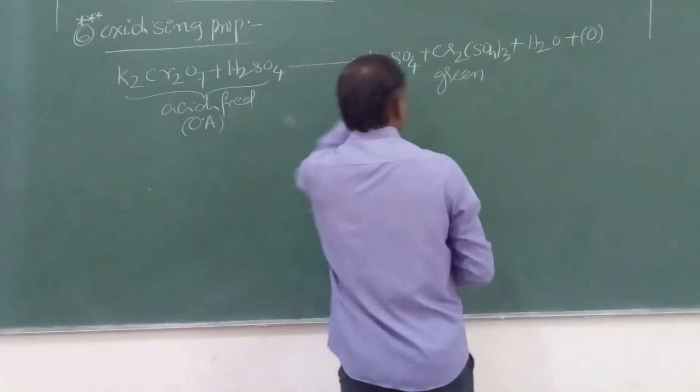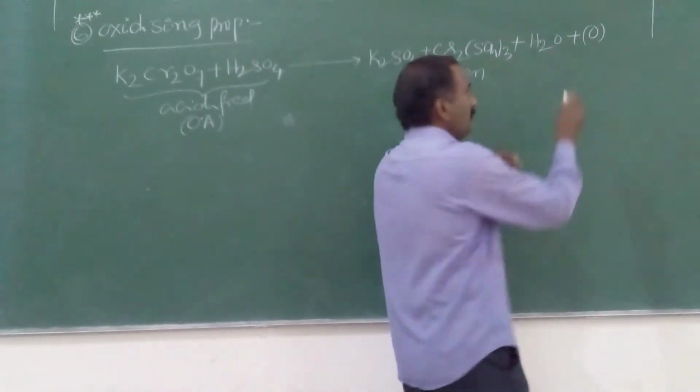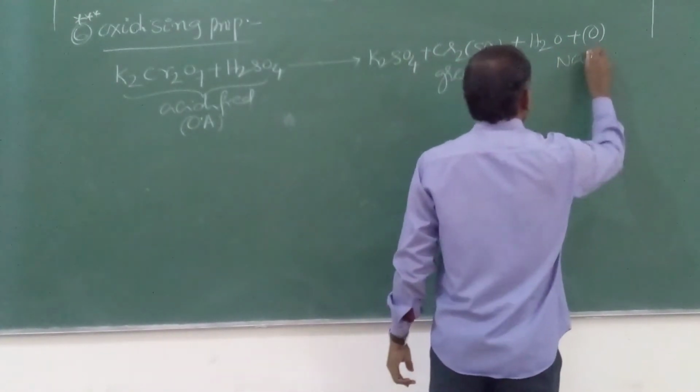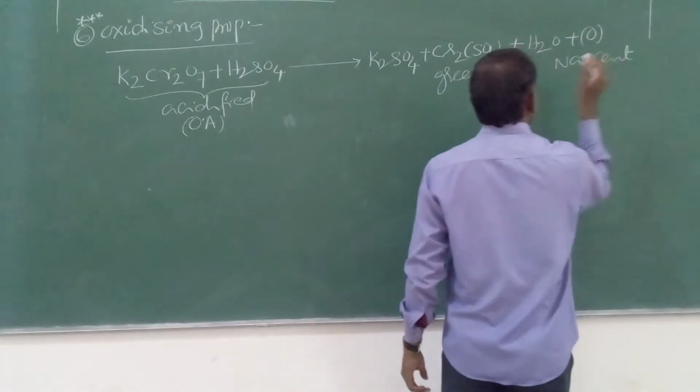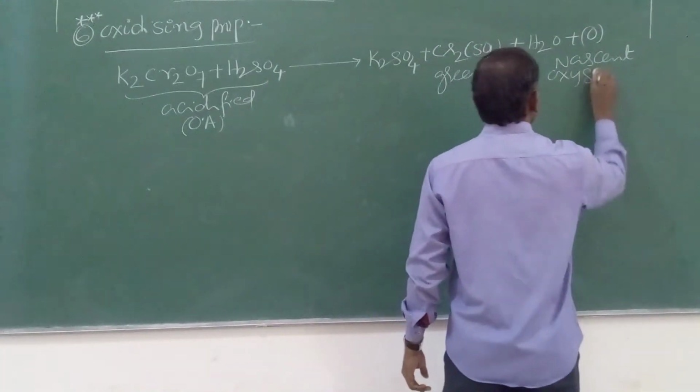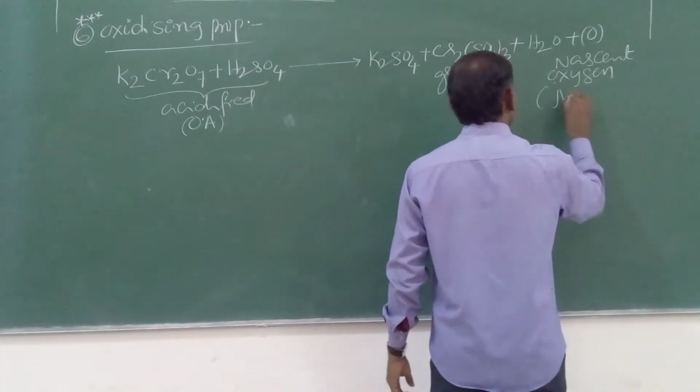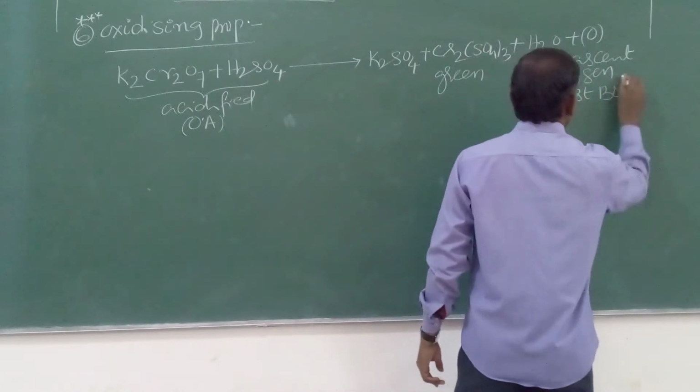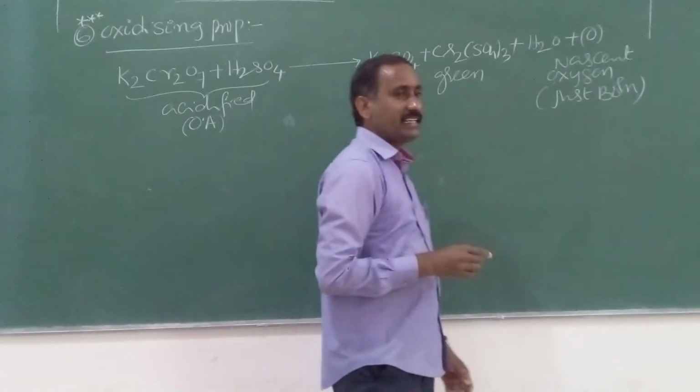So this acidified potassium dichromate provides nascent oxygen. Nascent oxygens are just born oxygens, or baby oxygens. They are highly reactive.